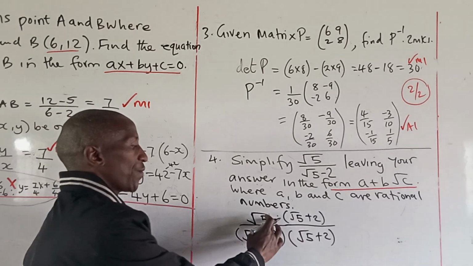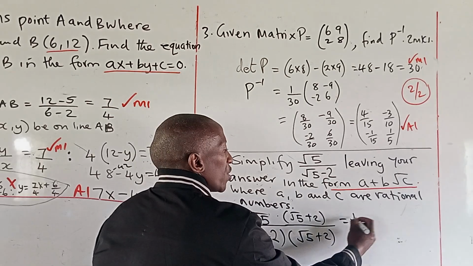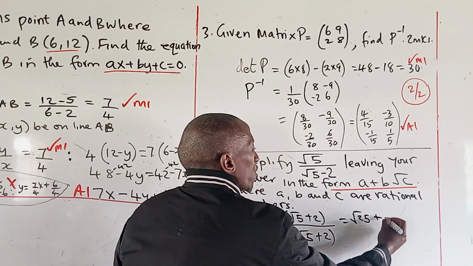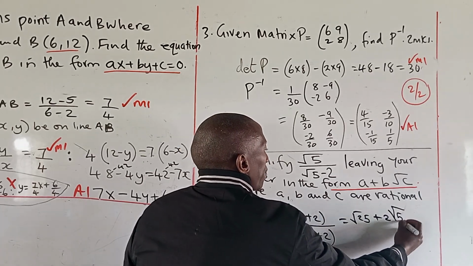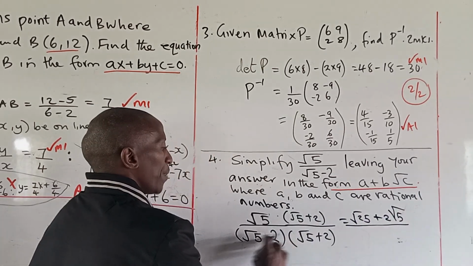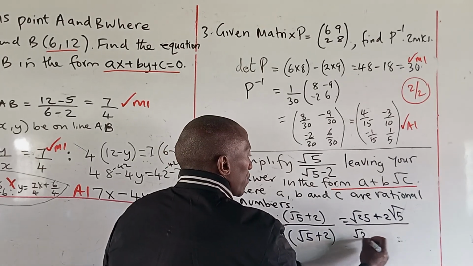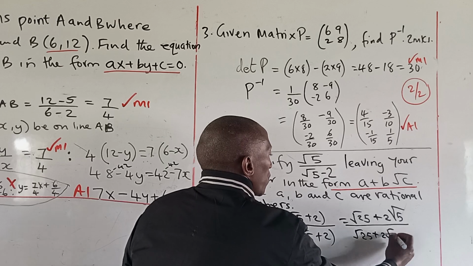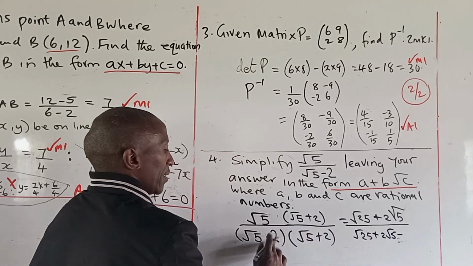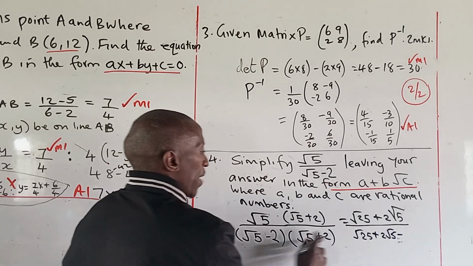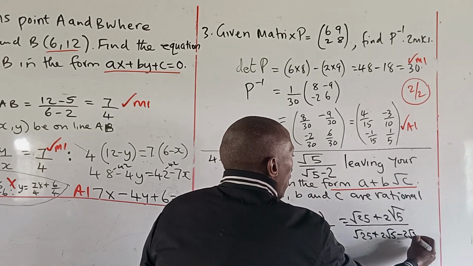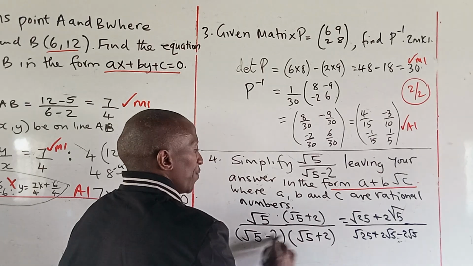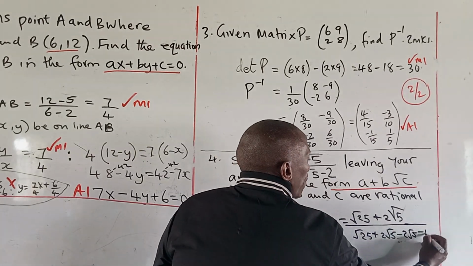Opening up the brackets, root 5 times root 5 is root 25. Root 5 times 2 is 2 root 5, all over root 5 by root 5 we have agreed is root 25. Root 5 by 2 is 2 root 5, minus 2 by root 5 is -2 root 5, and we see here -2 times 2 is -4.